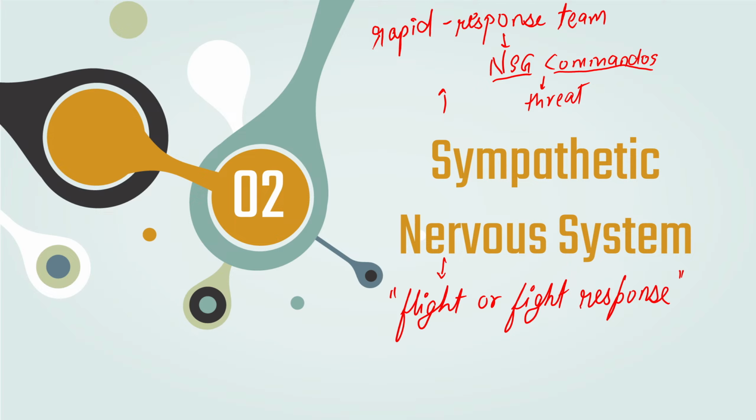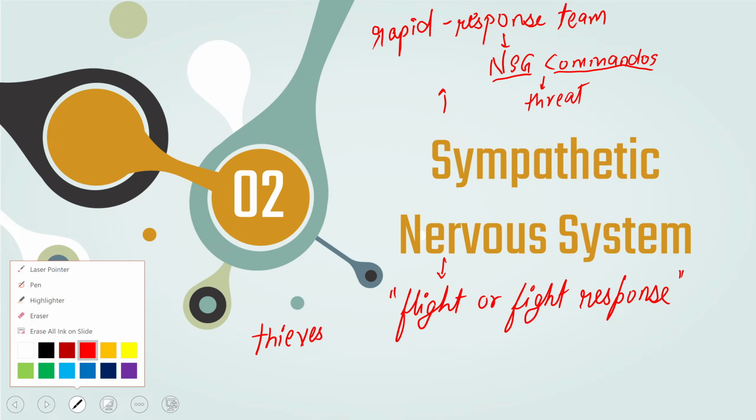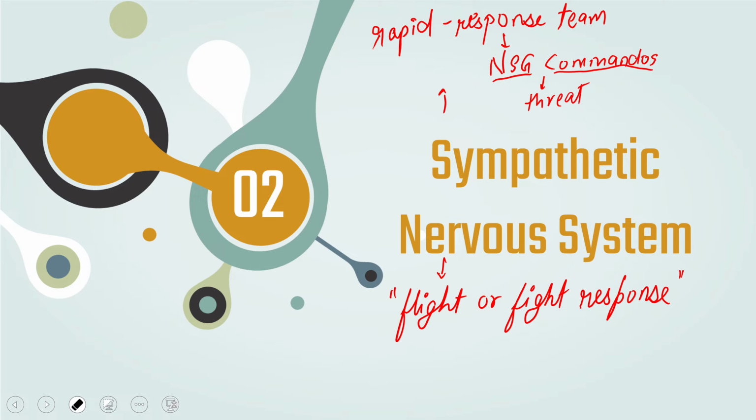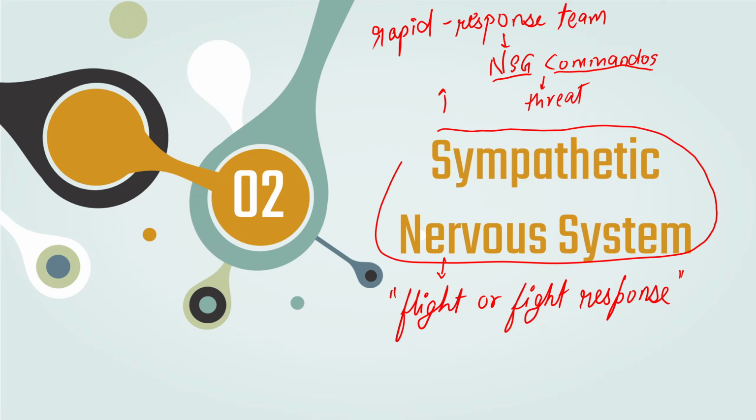You are alone at night, and a lot of thieves have surrounded you. So what will your body's response to this be? Obviously, it will lead to activation of our sympathetic nervous system.